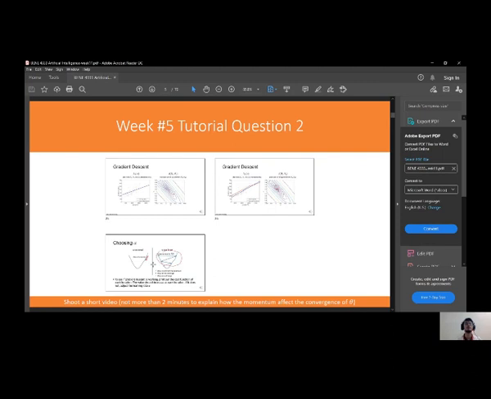Meanwhile, if alpha is too large, it will affect the process to get the value of J, where it may overshoot the minimum and probably fail to converge. In most cases, it may even diverge.